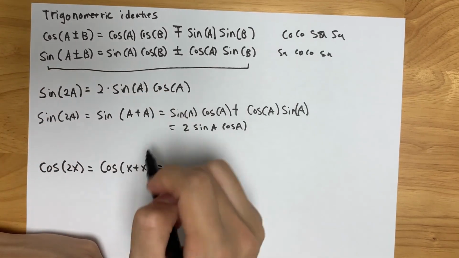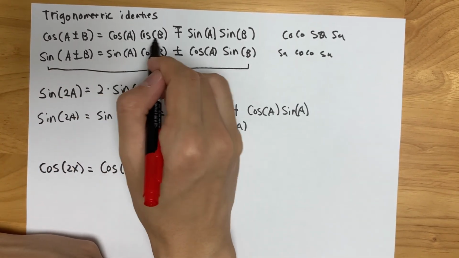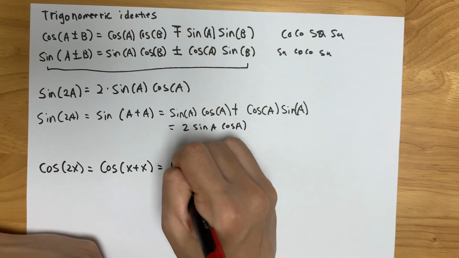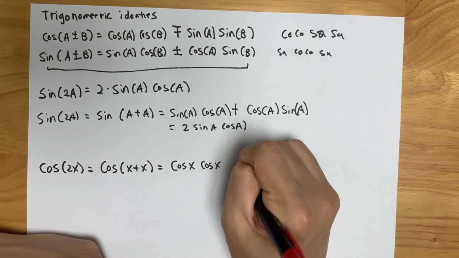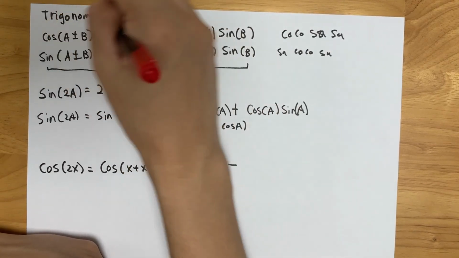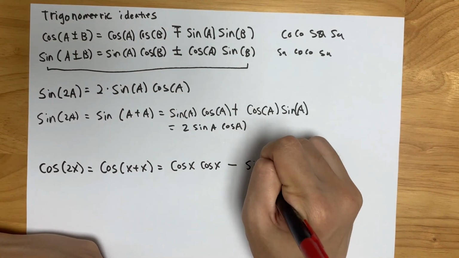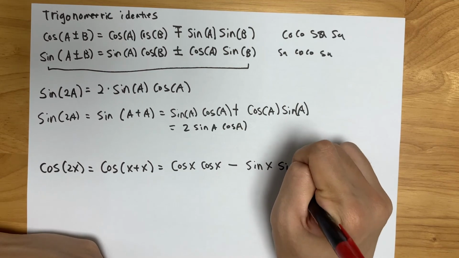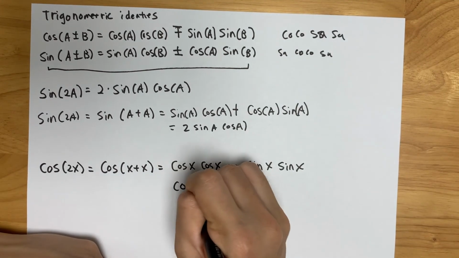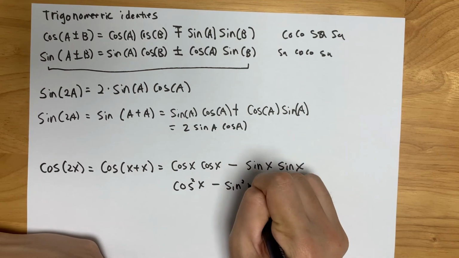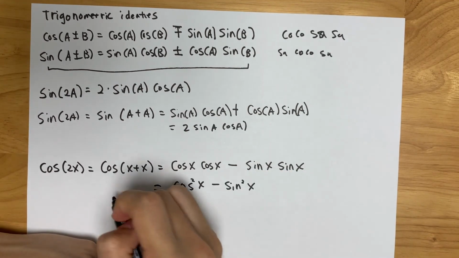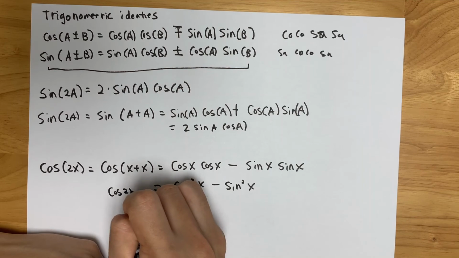Using this formula, we know there's co-sa-sa: cosine x cosine x minus, because it's minus here, sine x sine x. This is cosine squared x minus sine squared x, which equals cosine of 2x.